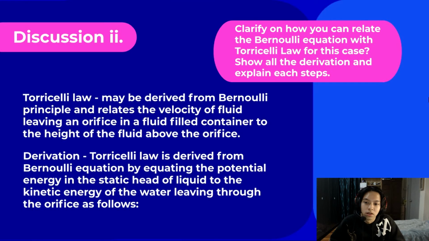Therefore, for the derivation, Torricelli's law is derived from the Bernoulli equation by equating the potential energy in the static head of liquid to the kinetic energy of the water leaving through the orifice as follows.